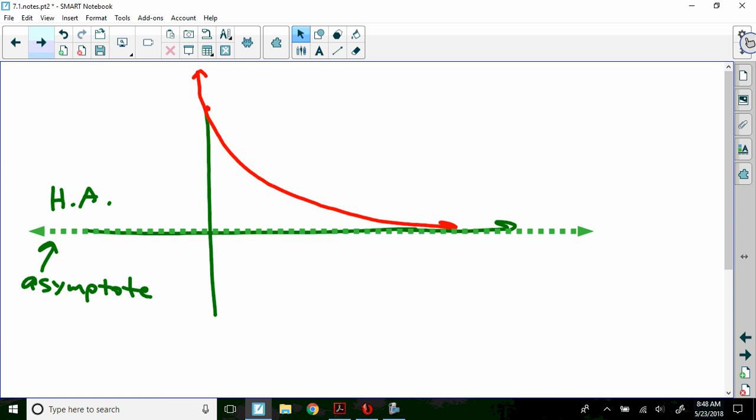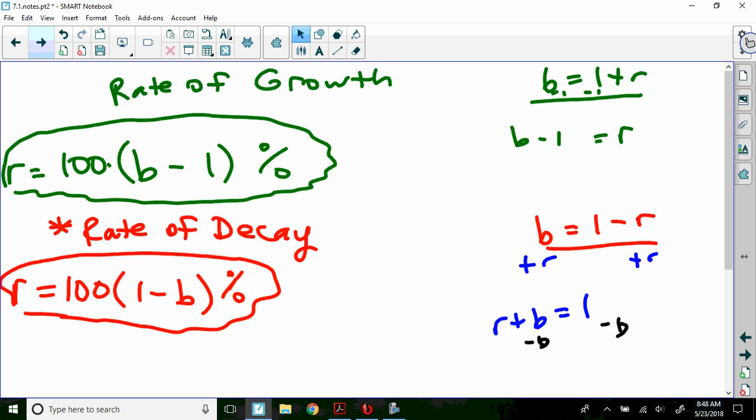And then we looked at a graph, and we said that the graph isn't funny, but it does have a horizontal asymptote, and we'll talk more about that in our second example. And then the last thing we ended up with is how to find the growth and decay rate. So our first example is going to follow directly from this. So that should be the last thing in your copious notes if you took them yesterday.